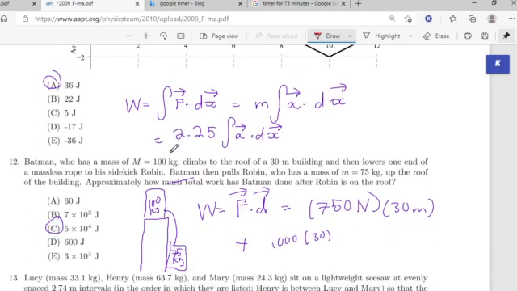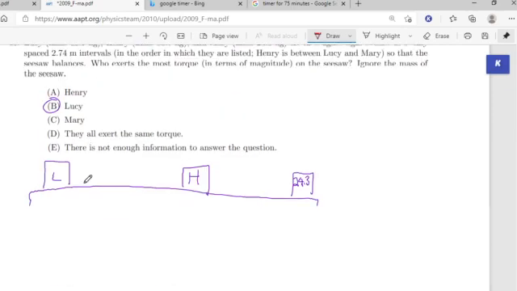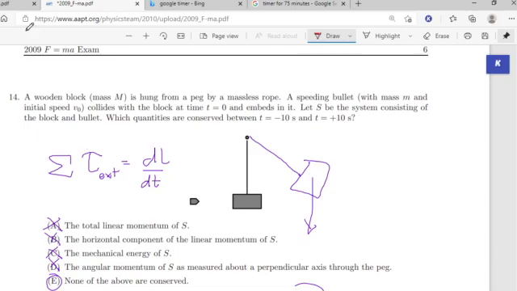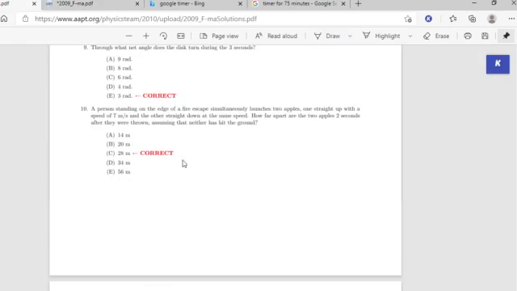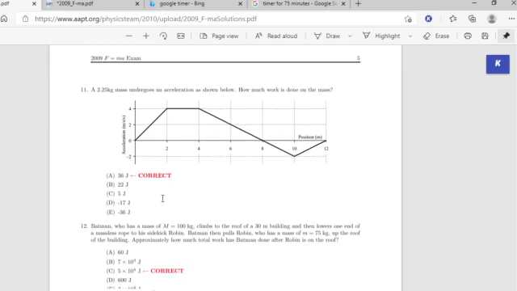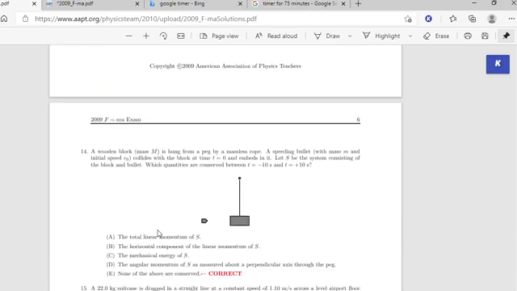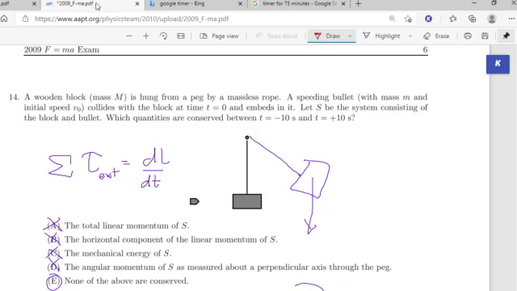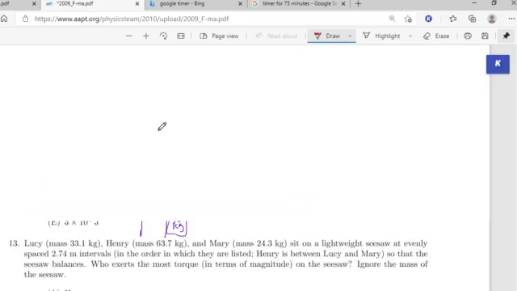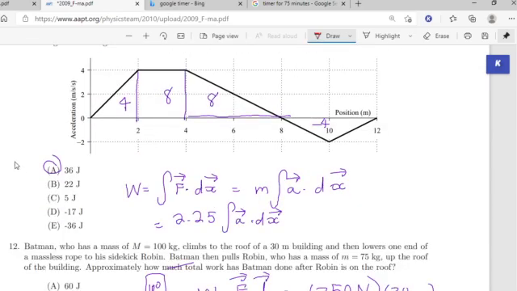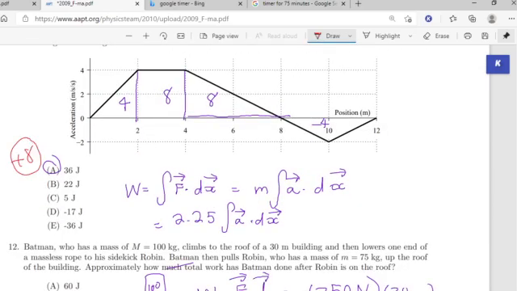Then for 11, I said it's A. Actually, I'll do A, C, B, E. And that's correct, that's correct, that's correct, and that's correct. Okay, wow. How many did I say I had? 7. So that's +8, +9.